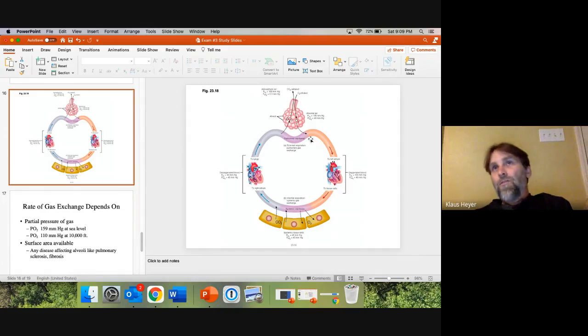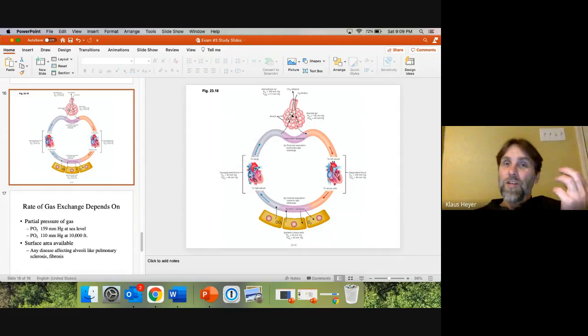So oxygenated blood has a pressure of about 100 millimeters of mercury. Deoxygenated blood has a pressure of about 40. So it just goes back between 100 and 40.